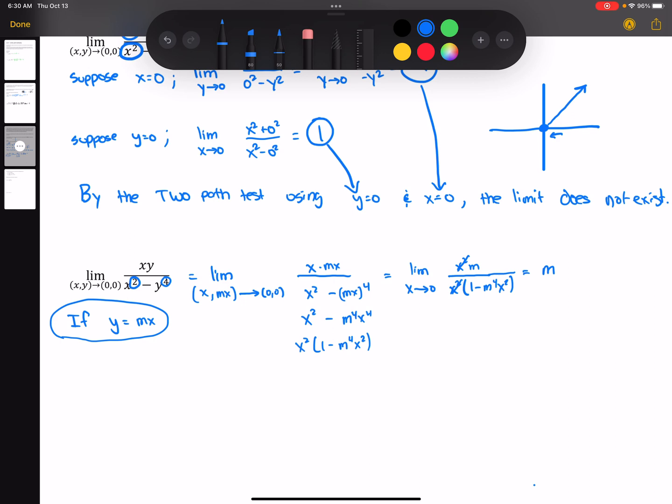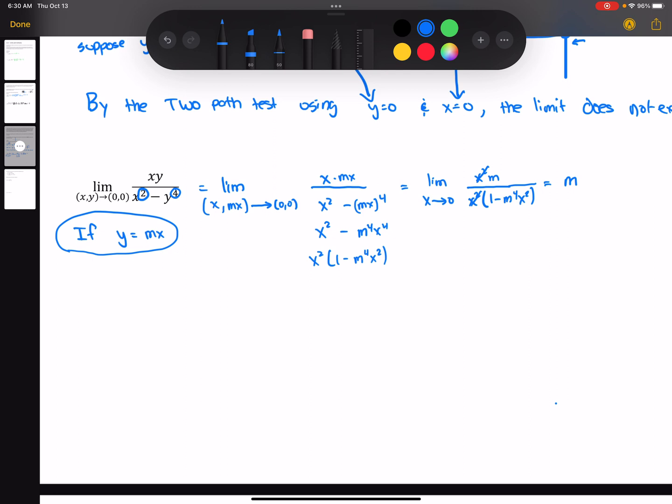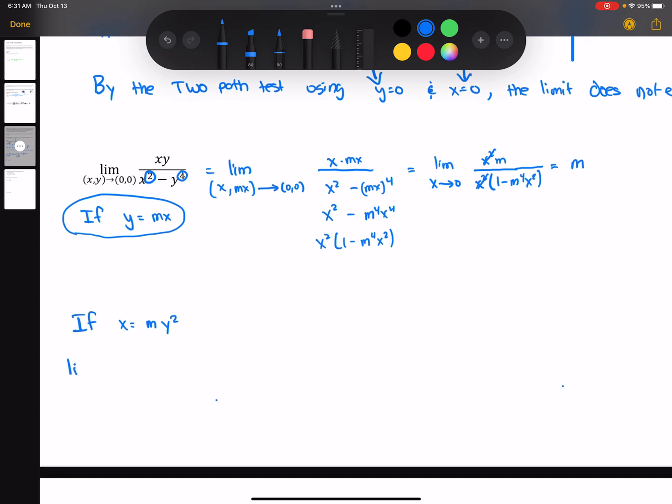So now if we approach along a parabolic path, we'll say if x is equal to some number m times y squared. So now when y approaches 0, x is going to approach 0. Same principle. So now we're looking at the limit as my squared, y approaches 0, 0.